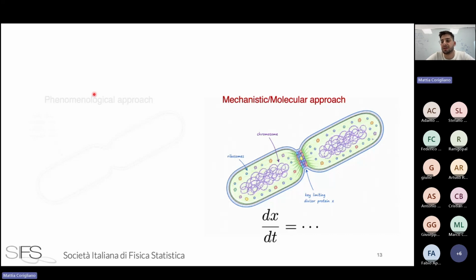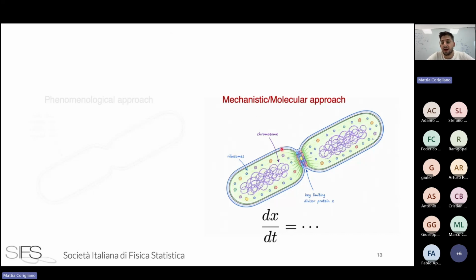So turning to this more mechanistic approach, again, as I told you, the aim here would be to describe the dynamics of some key molecular players driving the division process. For example, some key players might be some key divisor protein, but also the chromosome might play a role, as well as the ribosomes synthesizing new proteins.